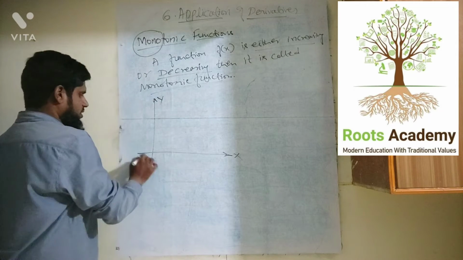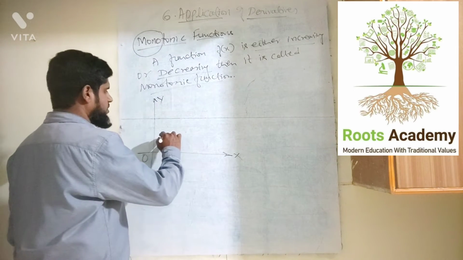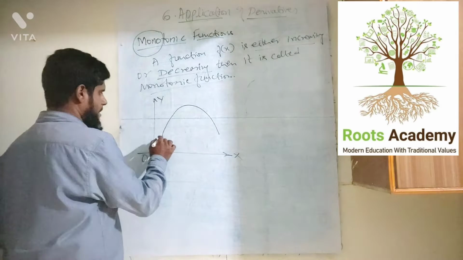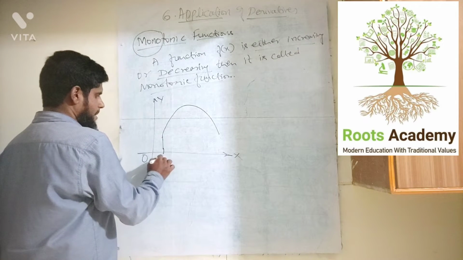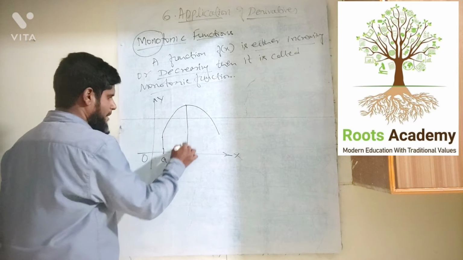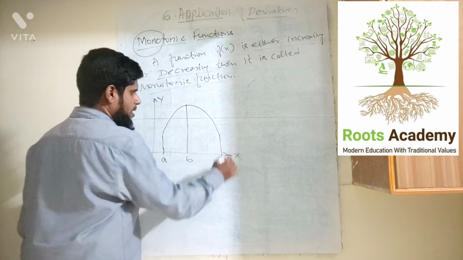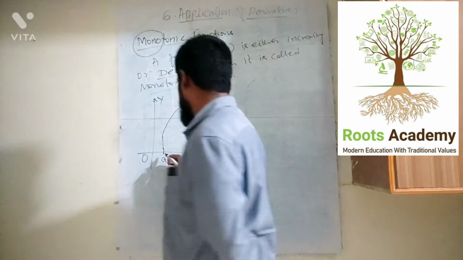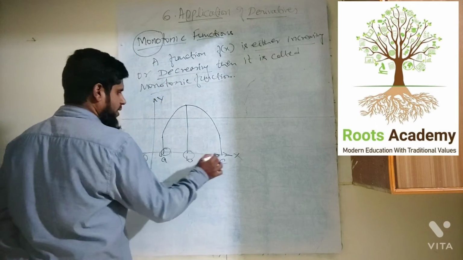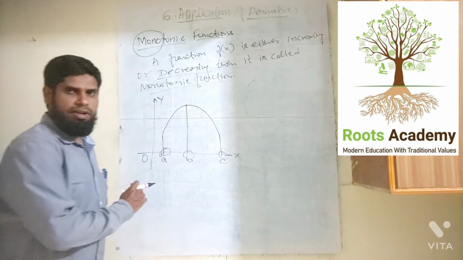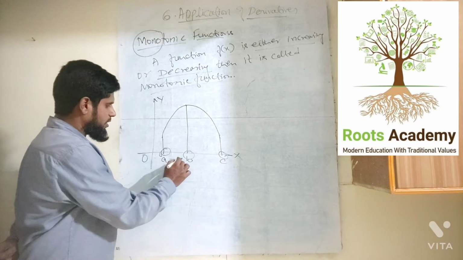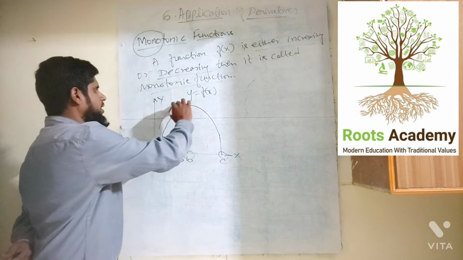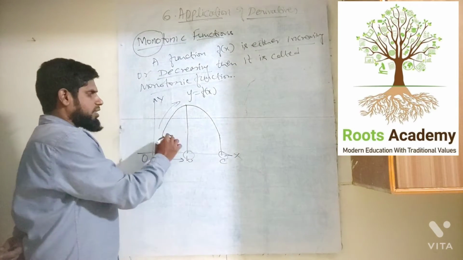If it is an x and y axis, so if you have a graph like this, this is A, this is B, and here it is C. Students, there are three values on the x-axis here: A, B, and C. So here, in the interval A to B, this function y equals f of x is an increasing function.